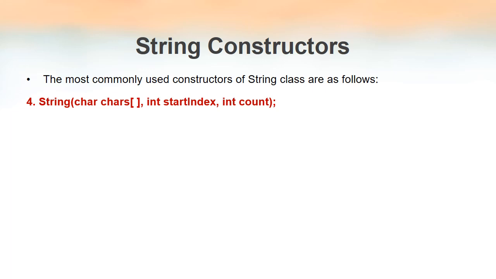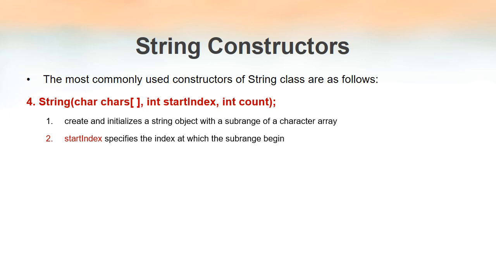When we use this constructor, it will be creating a string object in which the elements will be a subrange of a character array. Subrange means we will not be including all the characters inside the array, but we will be clearly specifying which characters we need to include in the string object. That is what the second and the third parameter are for inside this constructor.